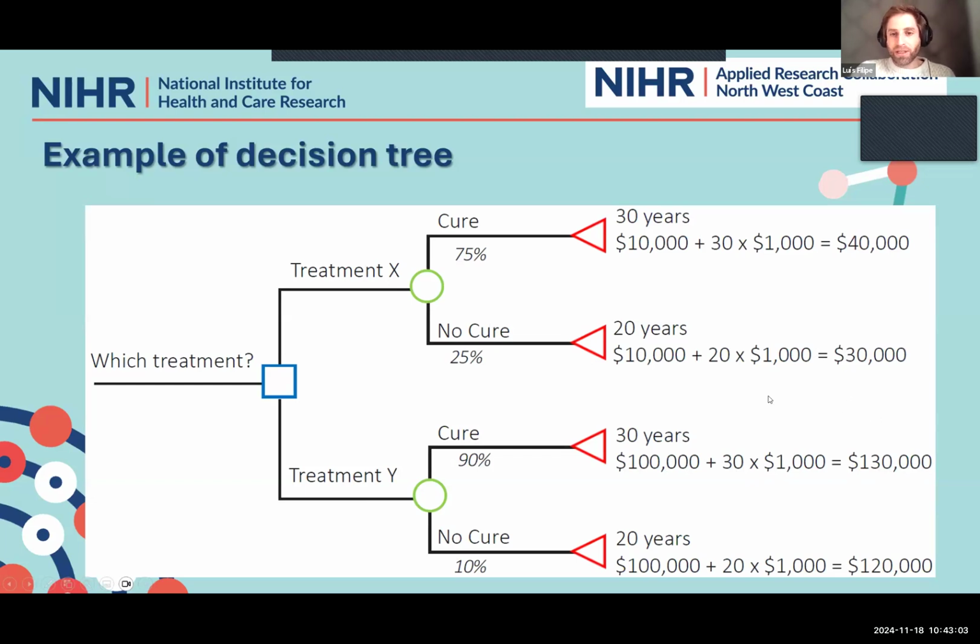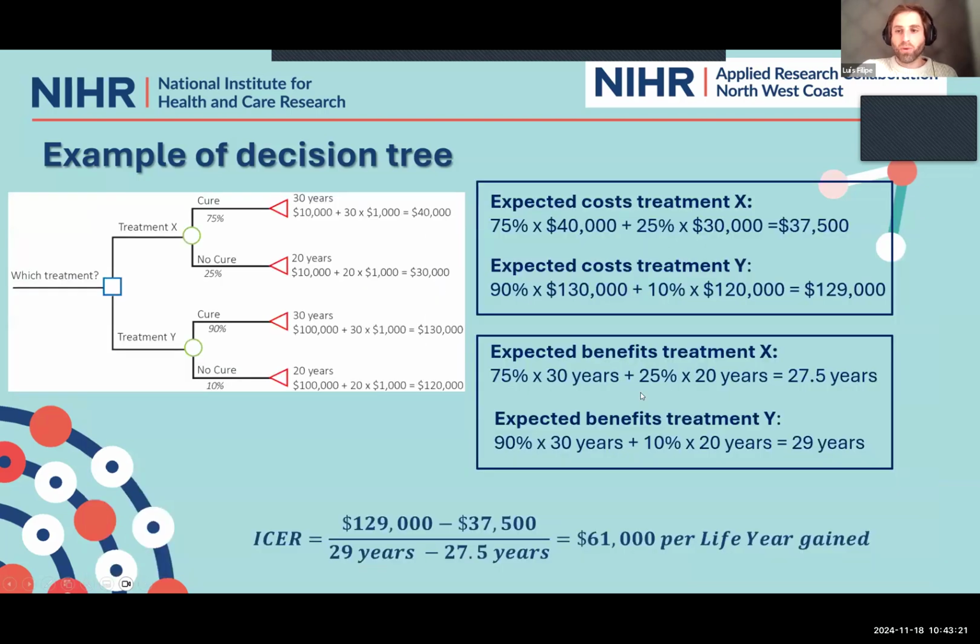So the idea in general is very simple: for each node, you want to get the outcome, so the life expectancy, and get the costs. Once you do this for each node, you are then able to compute the cost effectiveness.